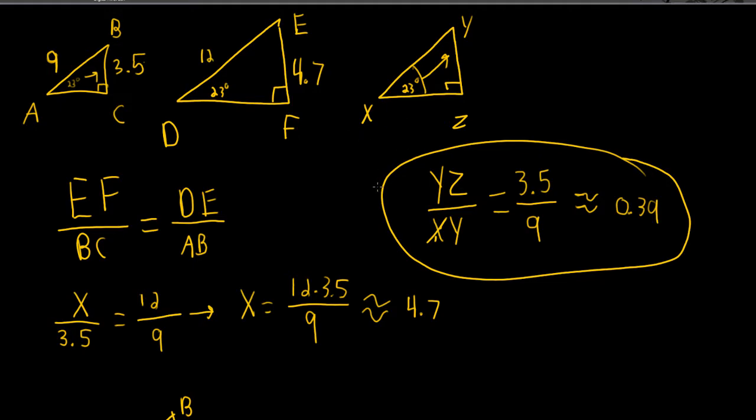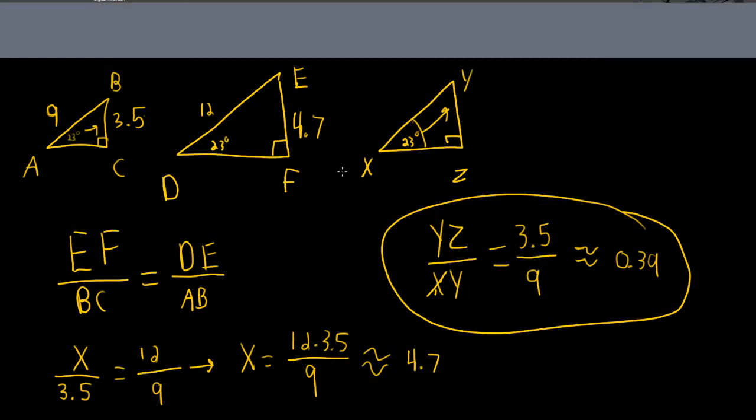They all have that 23-degree angle. And we found out that the ratio of the side opposite the acute angle to the hypotenuse was equal to 0.39. So we've essentially found out that in any right triangle that has an angle of 23 degrees, the sine of that angle is always going to be equal to 0.39.